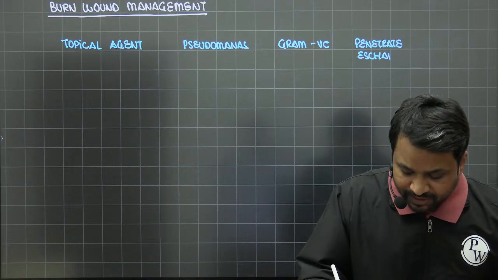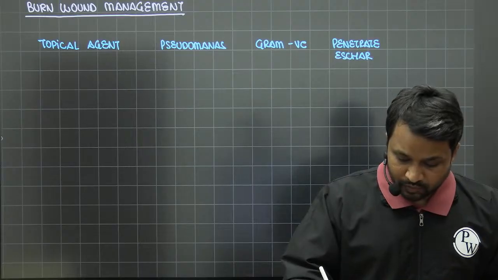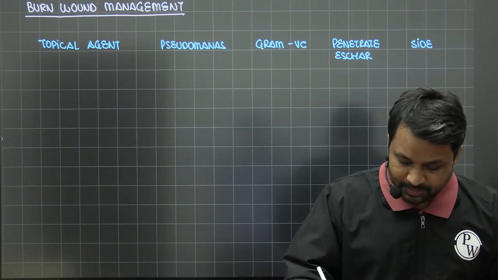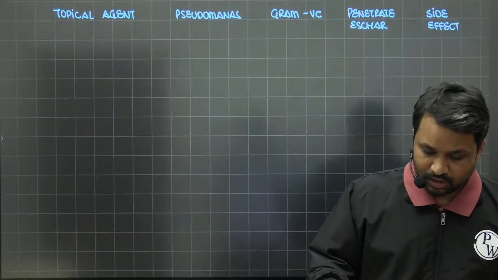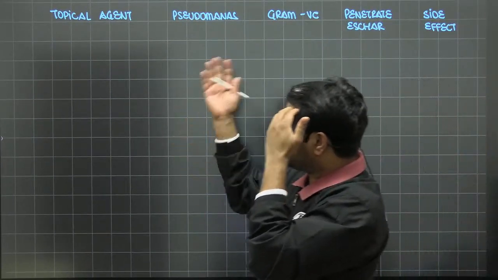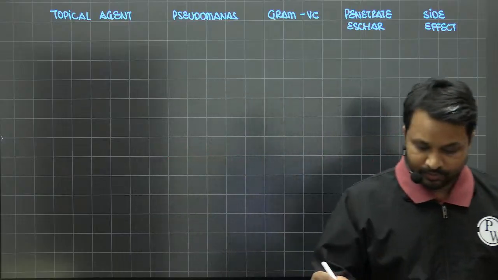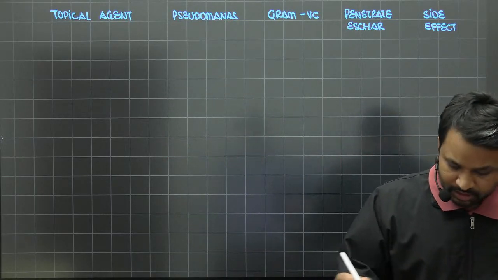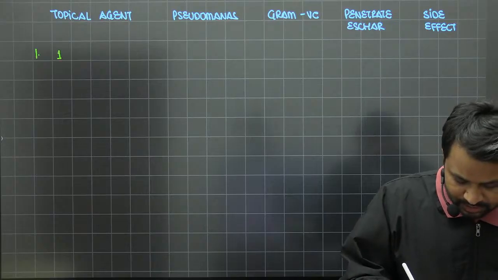Eschar is the fibrotic tissue that is formed over the burnt area, right? And obviously, does that topical agent cause any specific side effect? So this is the criteria that you will be looking at in the topical agent that we are going to choose, right? The first one that you have is going to be 1% silver sulfadiazine.